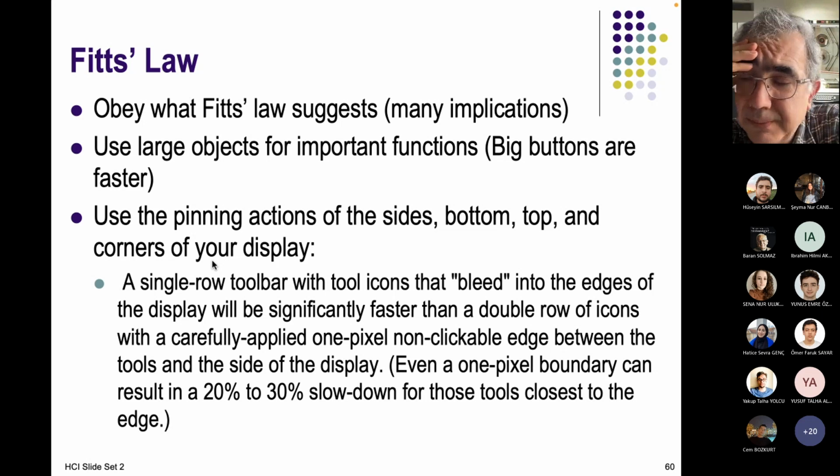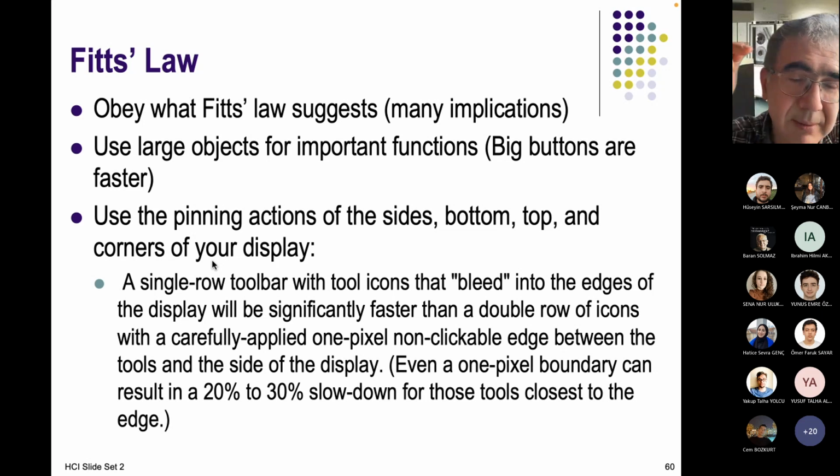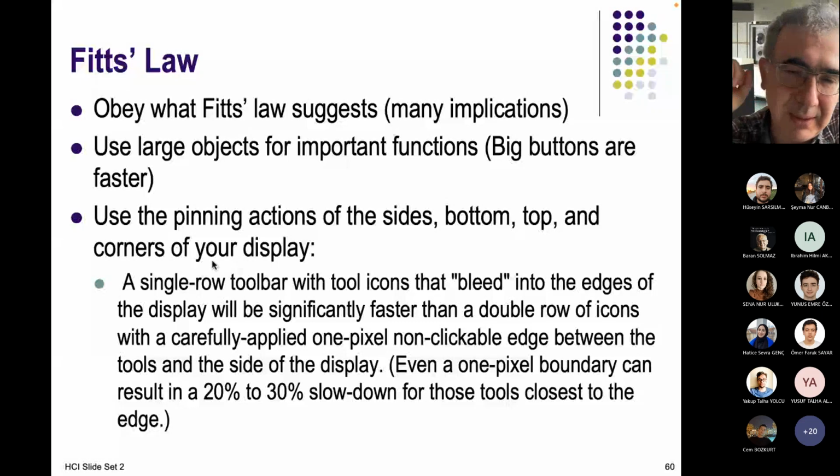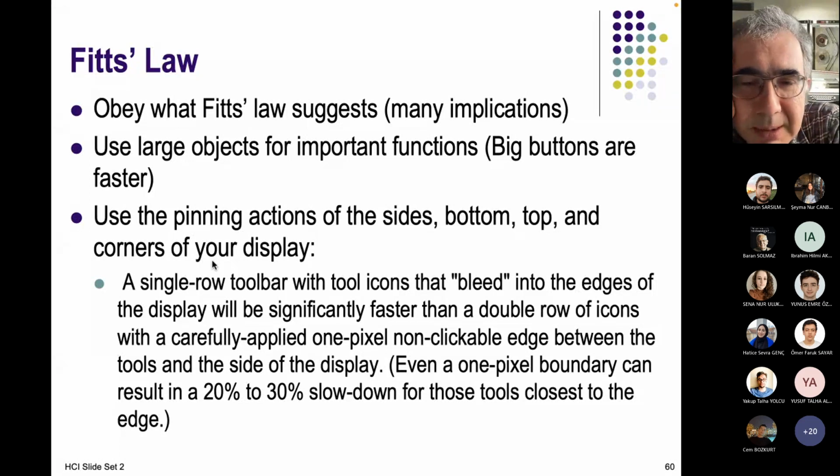Therefore, you don't capture the click because it is clicked outside of the button. You have to stop earlier. Therefore, designing a button so that the active area is towards the edge of the screen in those cases prevents such mistakes.